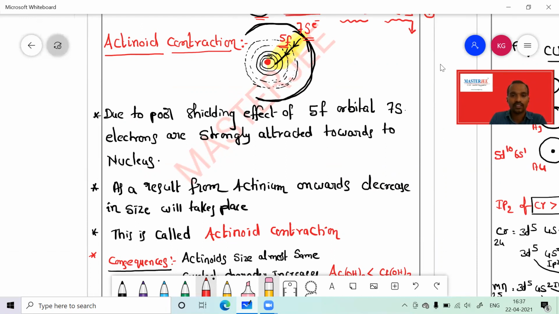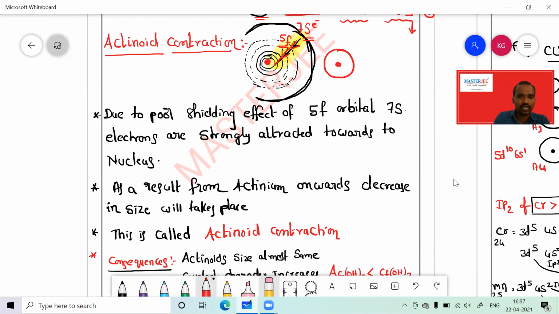See, in lanthanides it is because of the 4f orbitals and 6s electrons; here it is because of the 5f orbitals in actinides. In actinides, what happens here? The 7s electrons are strongly attracted towards the nucleus like this. As a result, the contraction, or decrease in size, will take place. That is the thing I wrote here.